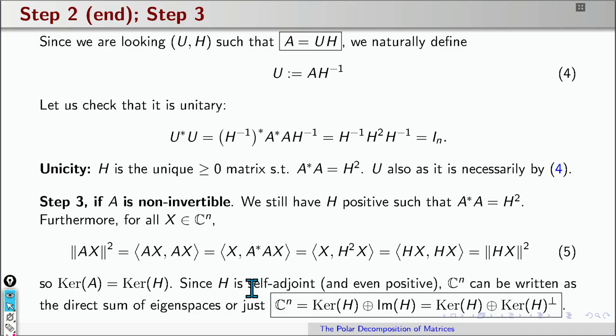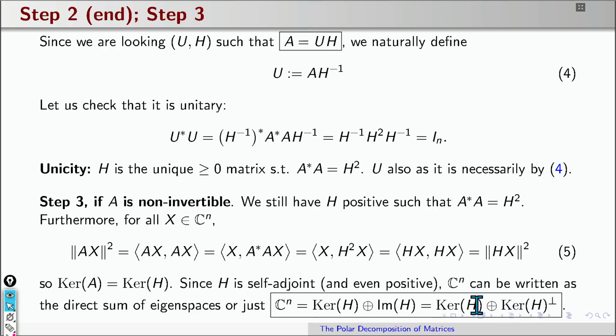We now use the fact that H is self-adjoint to cut the initial space as a direct sum. You can understand this as the eigenvectors for the eigenvalue 0, and here is the direct sum of all the other eigenspaces. We have just said that the eigenspaces are orthogonal to each other.